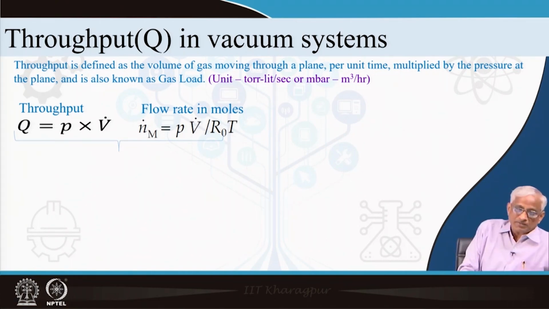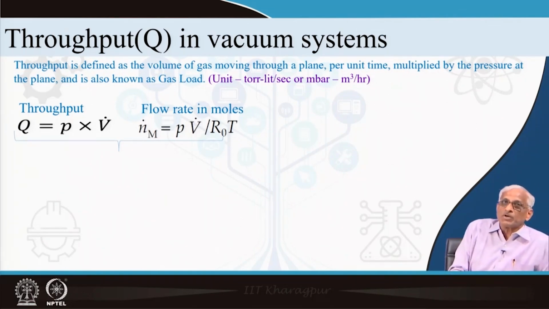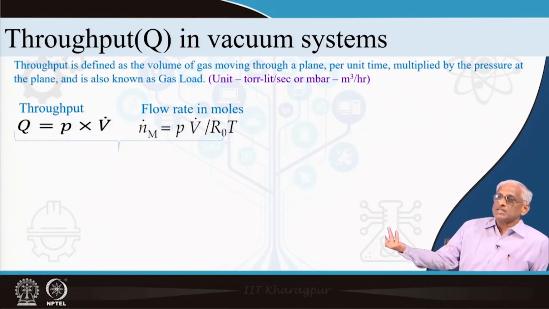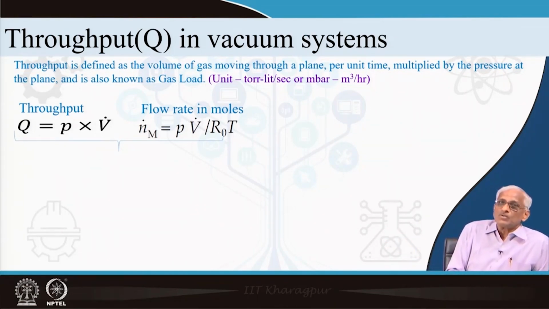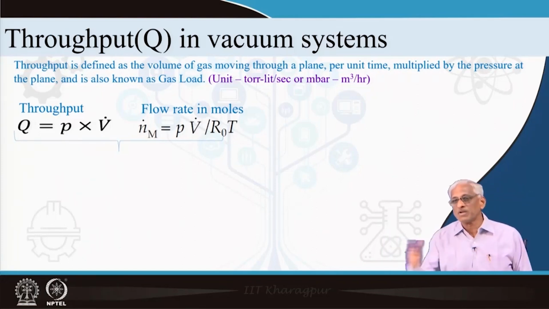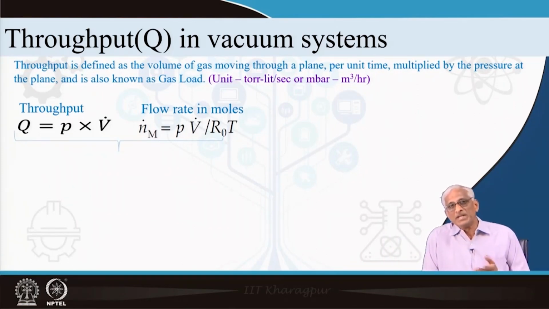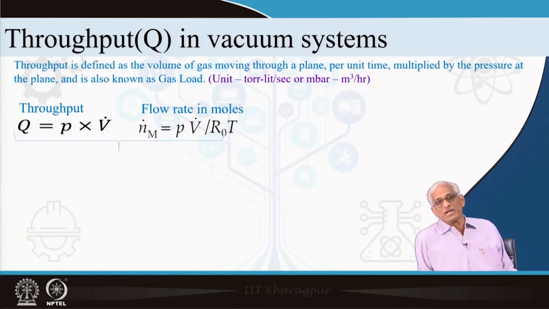P into V dot. It can also be considered as flow rate in moles, a little bit more fundamentally when you are talking. Gas is nothing but moles of gas. So, when gas is flowing, moles are flowing, that means dN by dt, that is n dot m. PV is equal to nRT.